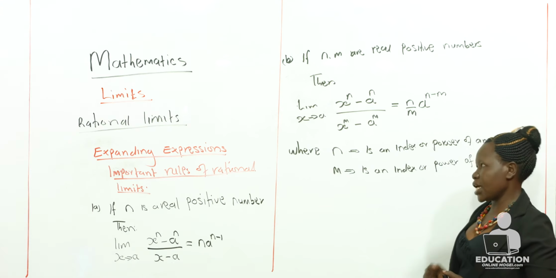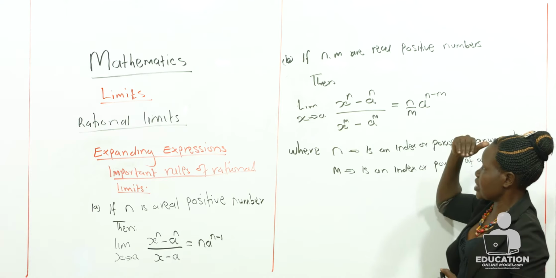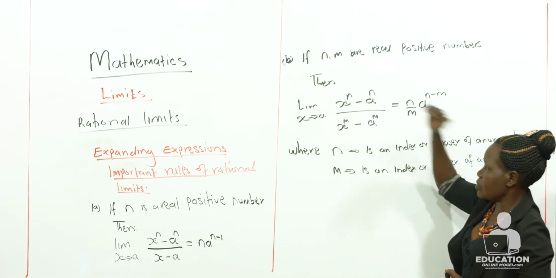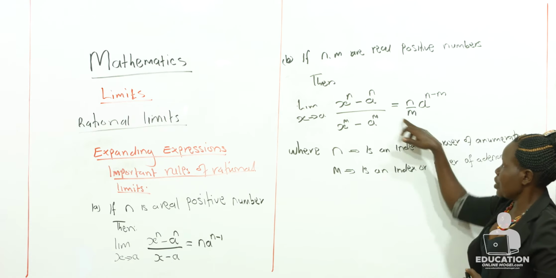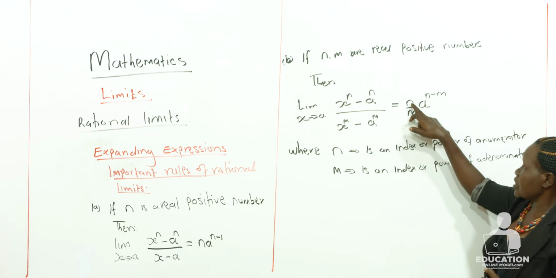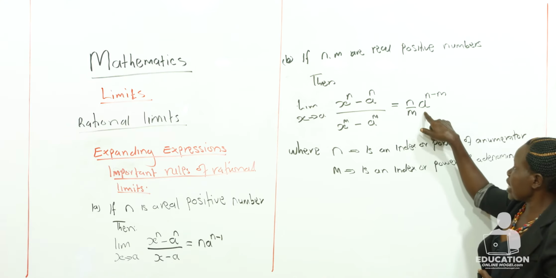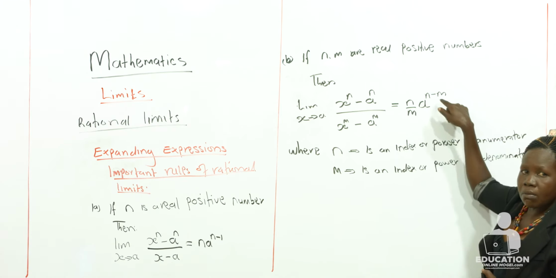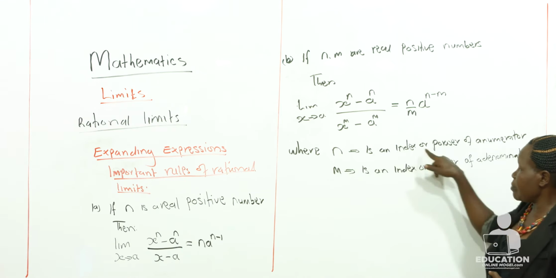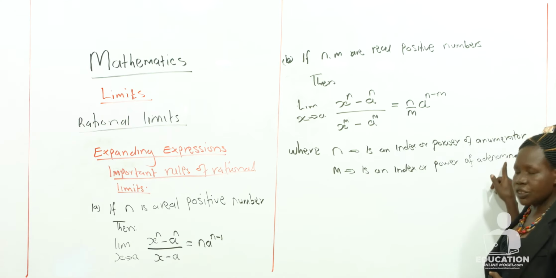The numerator contains a power and the denominator contains a power. So you will express it in this form: n, the power of the numerator, over m times a raised to n minus m, where n is the power of the numerator and m is the power of the denominator.